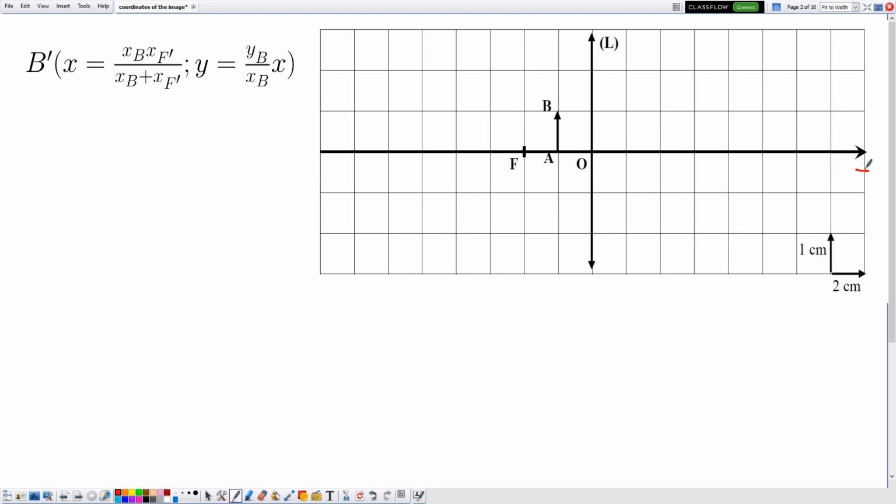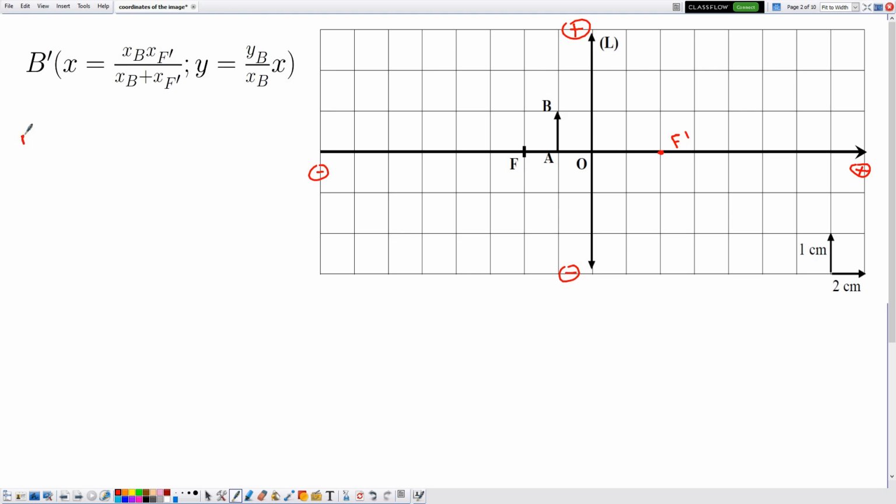So this is the positive direction of the x-axis, this is the negative direction, this is the positive direction of the y-axis, this is the negative direction. So the first thing that we will do is locate the coordinates of the point B and the image focus F prime. Here the image focus is not given, but we know that it is the symmetric of F with respect to O, so this is F prime.